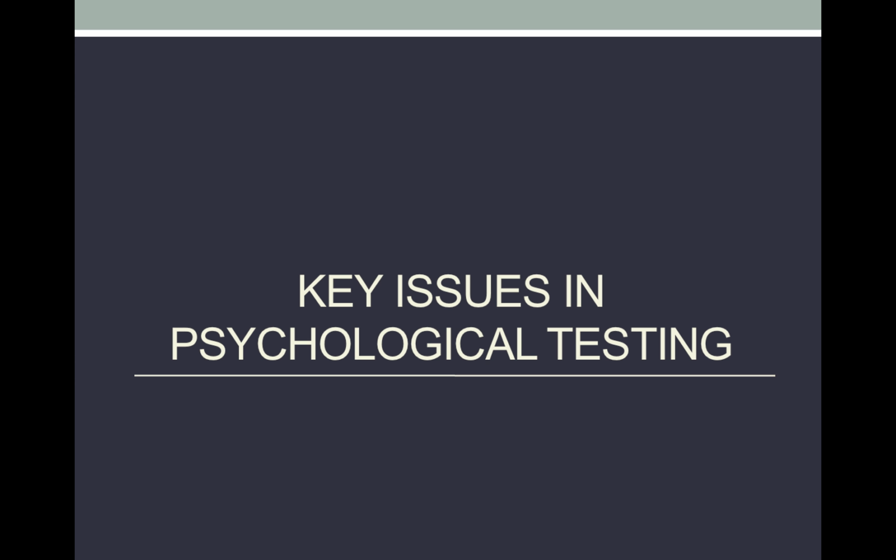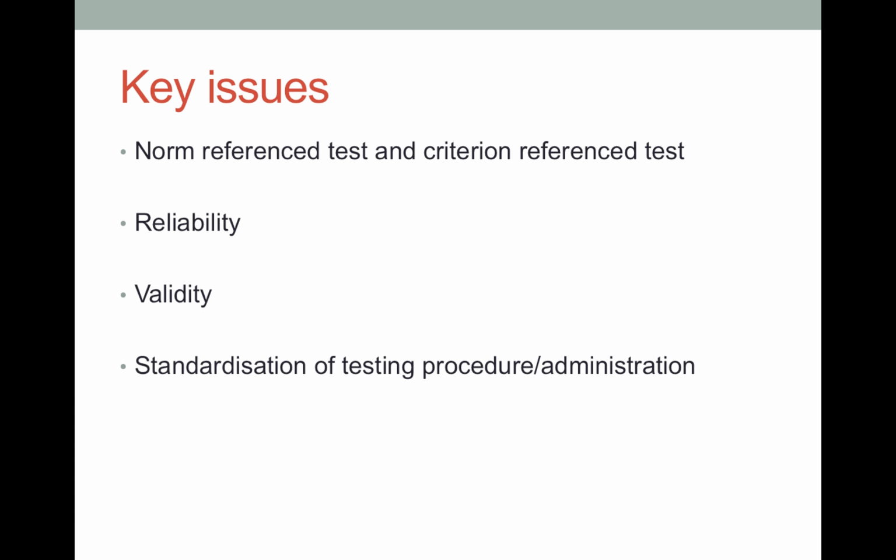We will look at some of the key issues in psychological testing here. We will look briefly at norm-referenced tests and criterion-referenced tests, issues surrounding reliability and validity, and important issues to consider when maintaining standardisation of testing procedures and administration.